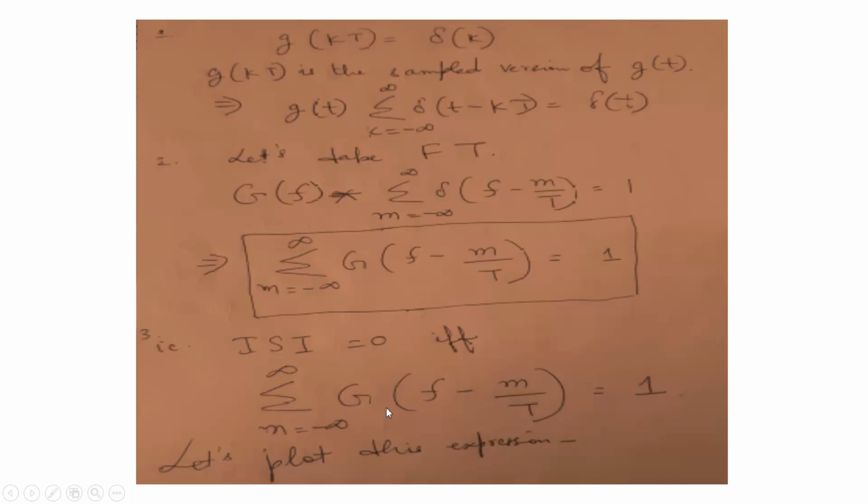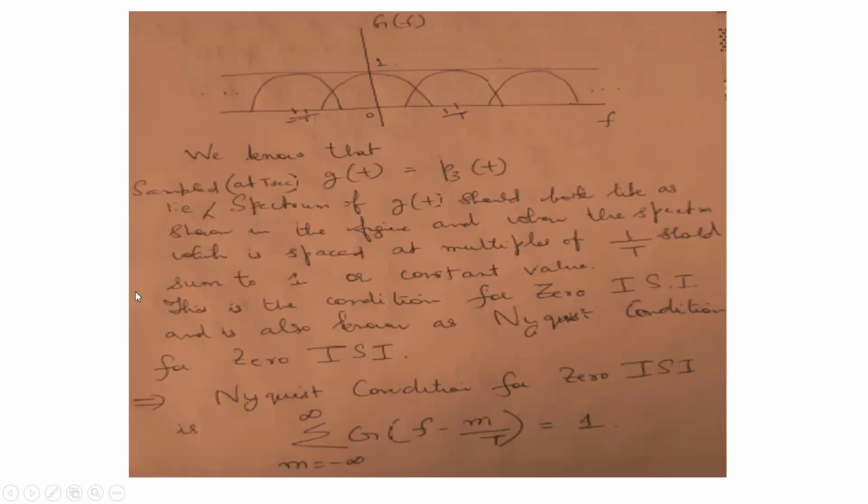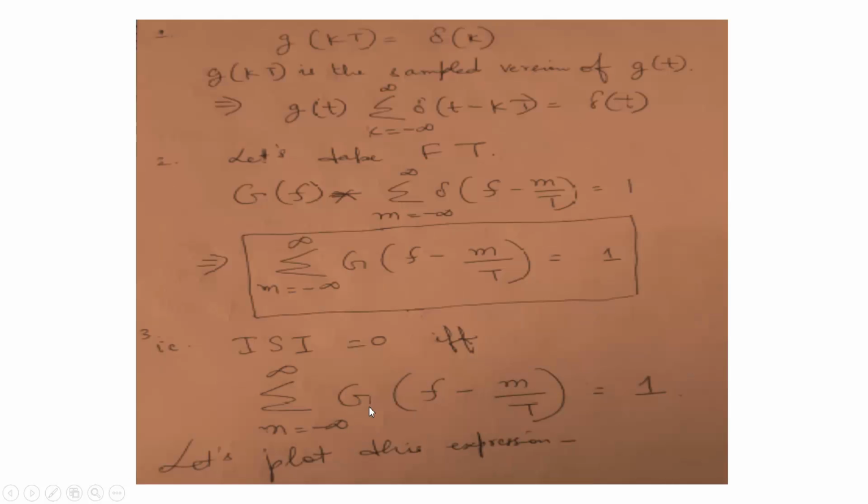Let's plot this expression. What is this expression saying? G is the spectrum of g(t) when you take the Fourier transform. That means we are representing the spectrum of the g(t) pulse. Now what does this expression say?